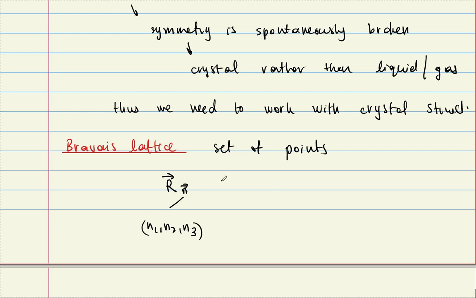These are integers, and I can span all crystal points with a set of basis vectors, something like this: n1 a1 plus n2 a2 plus n3 a3. These are vectors, but sometimes I may forget. And these are primitive lattice vectors.